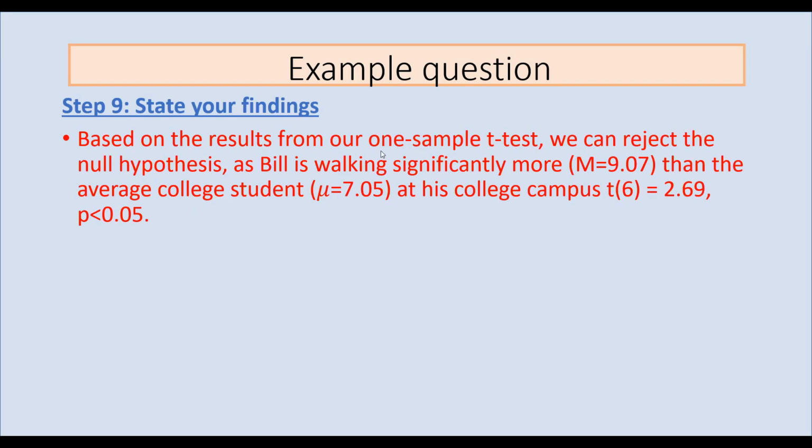Based on the results from our one sample t-test, we can reject the null hypothesis as Bill is walking significantly more, 9.07, than the average college student, which is 7.05, at his college campus. And here's the scientific notation. You begin with t, in brackets is our degrees of freedom, which is 6. t equals 2.69, and p is less than 0.05.